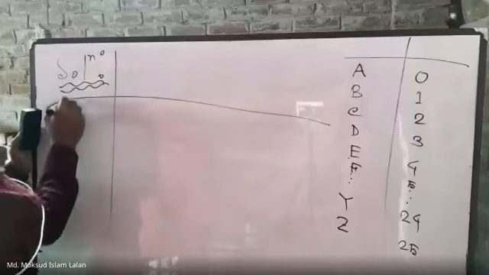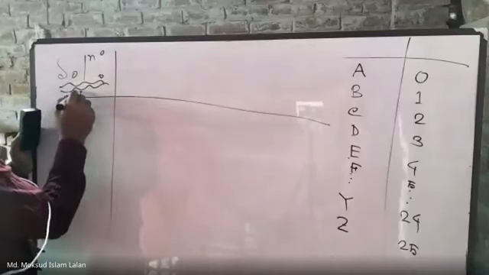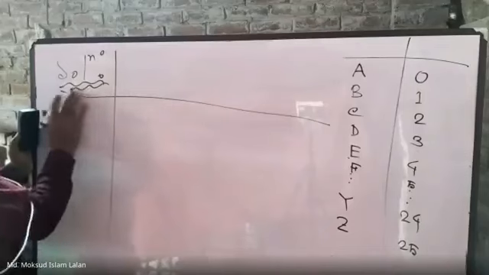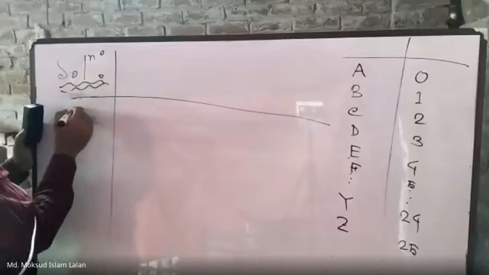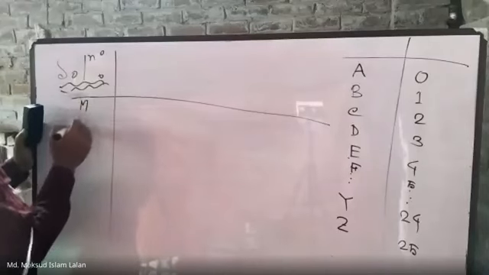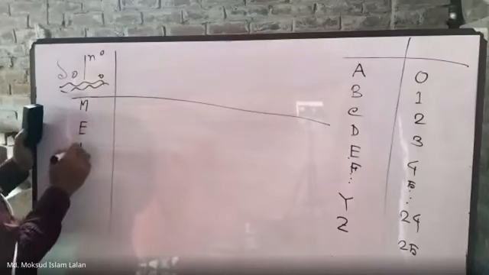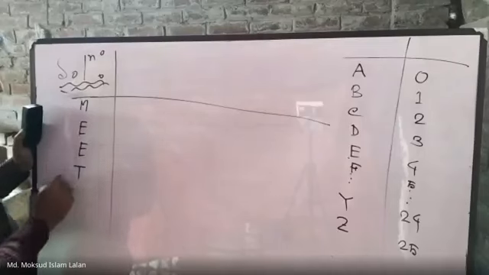Write the English letters, then you need to encrypt. So the letters M, E, E, T.